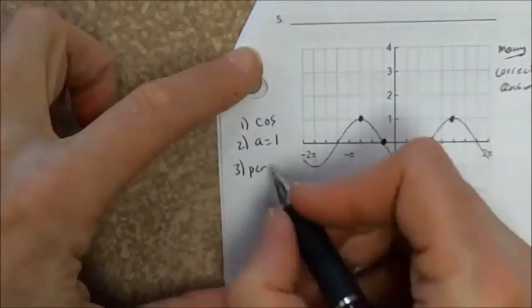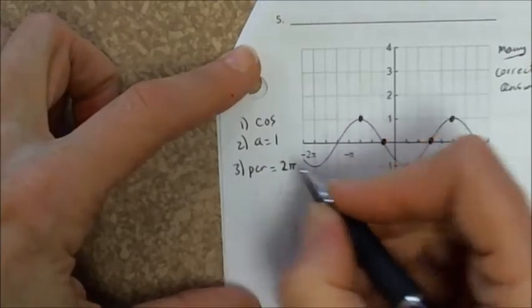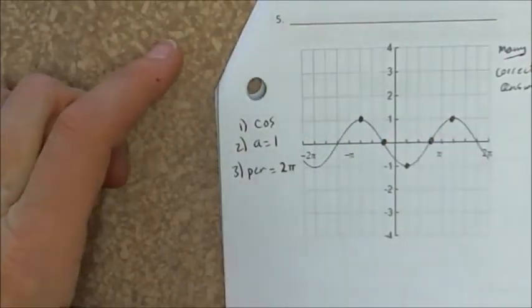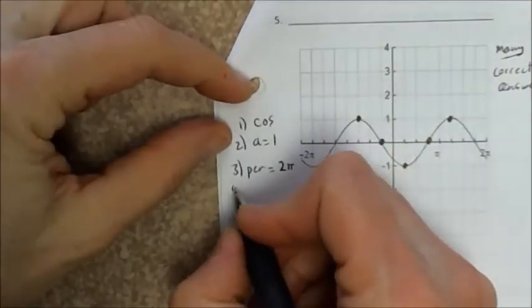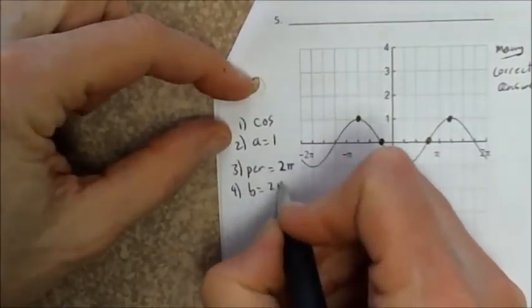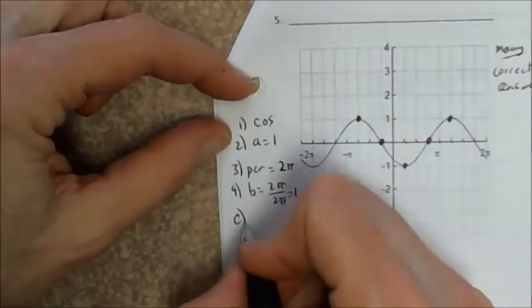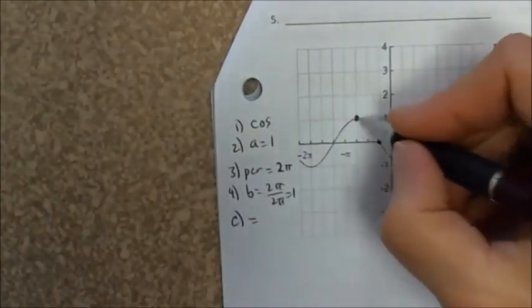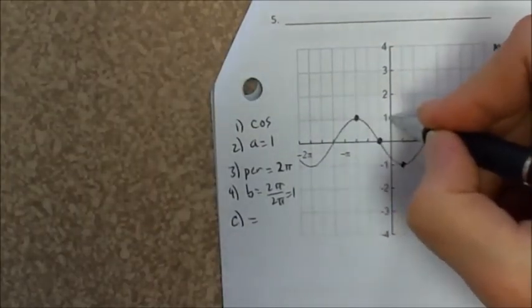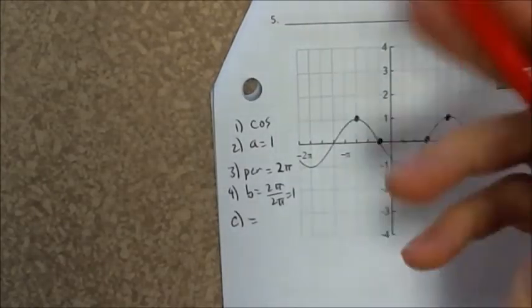Well, 8/4 pi is the same thing as 2 pi because 8 over 4 is 2. So the period on this graph is 2 pi, which makes the b value 2 pi over 2 pi, which is equal to 1. Now we have to figure out the phase shift on this. Normally this would start here on the y-axis, but this has been shifted to the left.